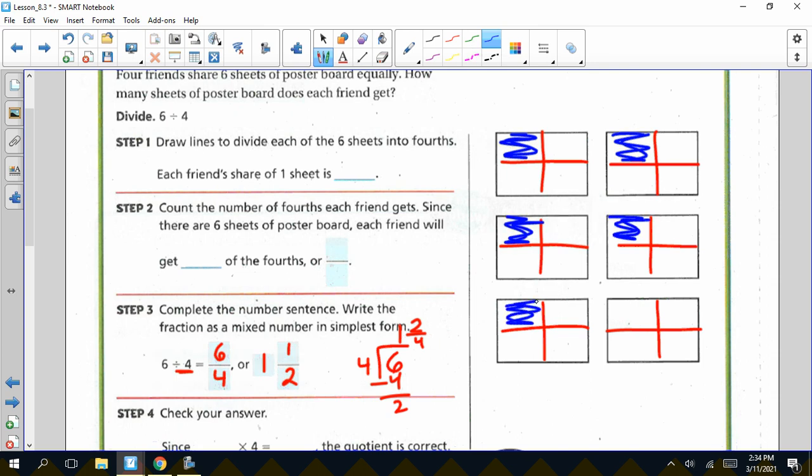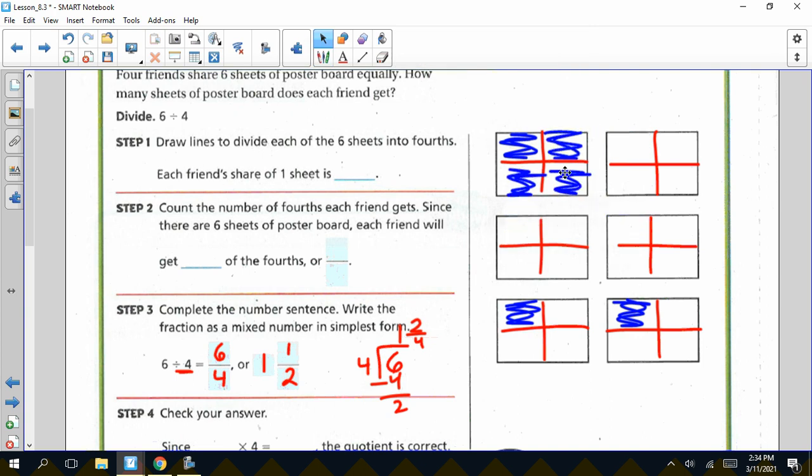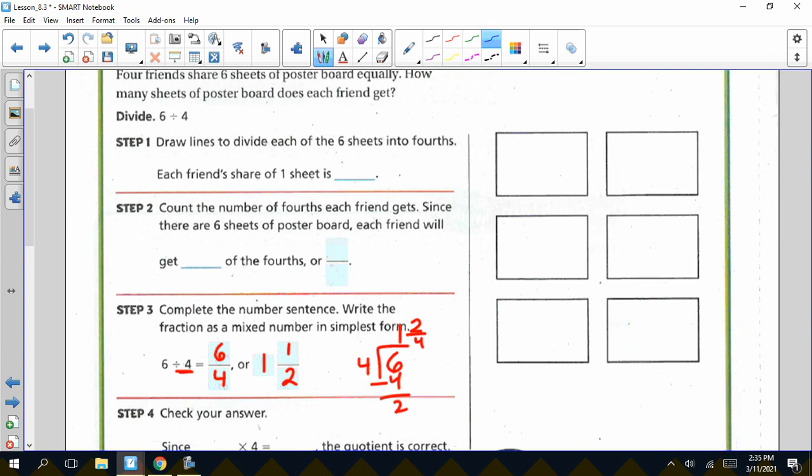When we add all that up, we get 6 1/4 pieces. But if we put them all together, we would get 1 whole and half of another poster board. So again, 1 1/2.